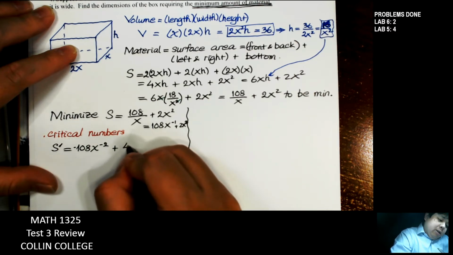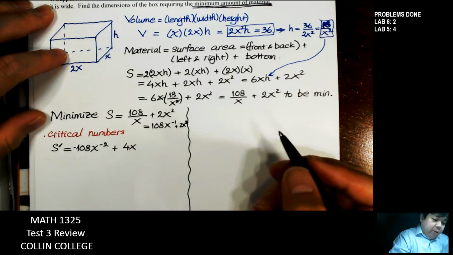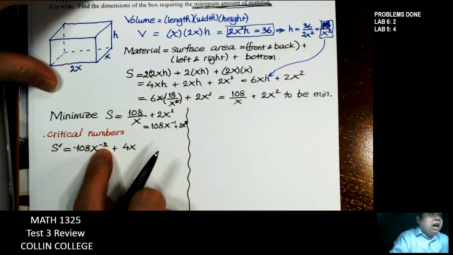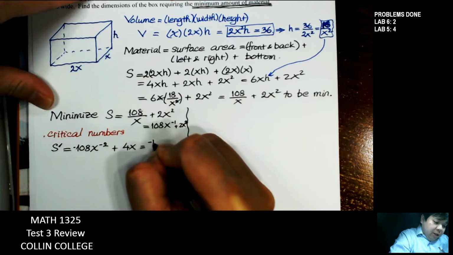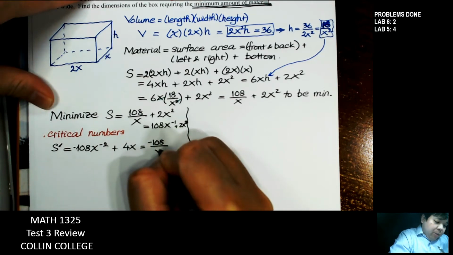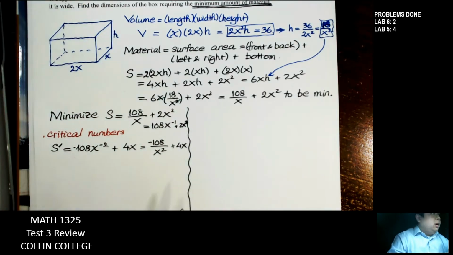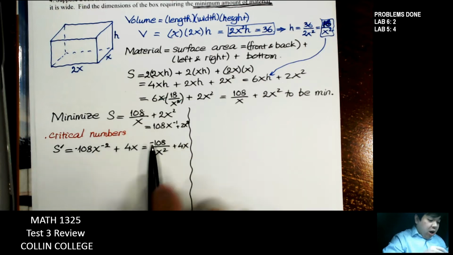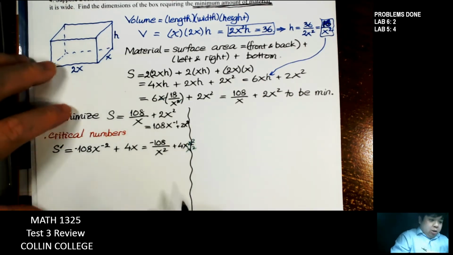It will be negative 108 x to the negative 2 plus 4x. Next, we have x to a negative power, so we move it down, it becomes x squared, and then plus 4x.